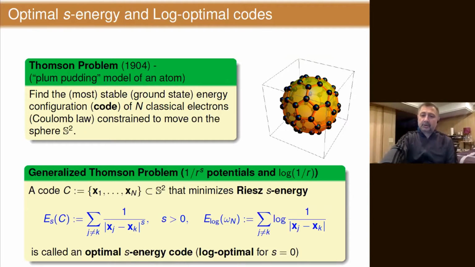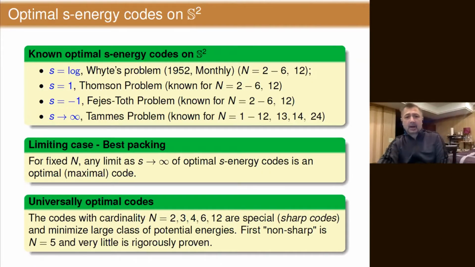It's also referred to as Whyte's problem, from a paper of L. L. Whyte from 1952 in the American Mathematical Monthly. The results for Whyte's problem are known for n from 2 to 6 and 12. These are rigorously known optimal logarithmic energy codes.